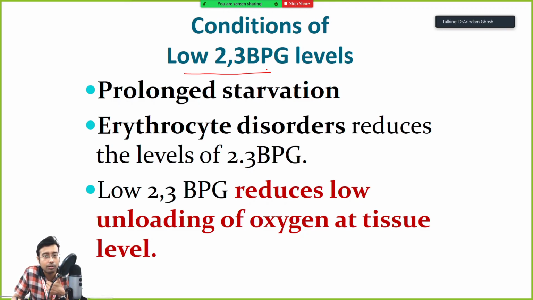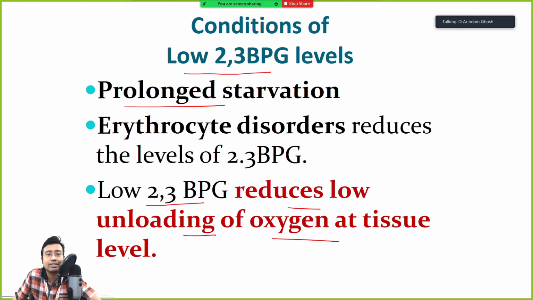Even if you are at high altitude, even if you are exercising, what the examiner tells you, you have so much energy drink, those have glucose, and they actually facilitate generation of 2,3-BPG. Whenever you are going trekking, you need glucose solution just because of this. So if there is starvation, if there is low glucose altogether, the 2,3-BPG level will be very low, right? And at low 2,3-BPG level, this reduces unloading of oxygen at tissue level.